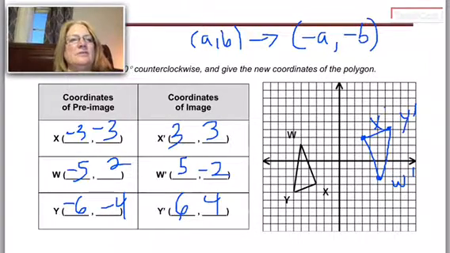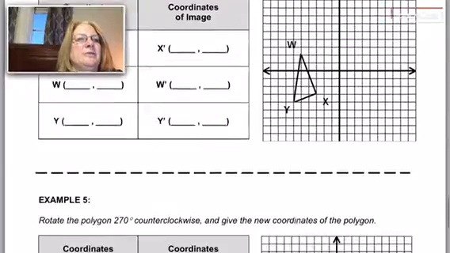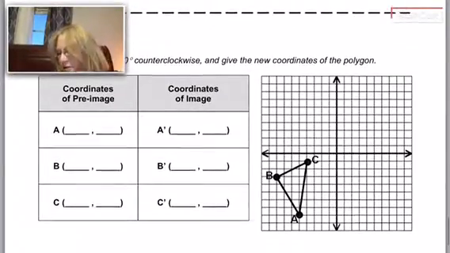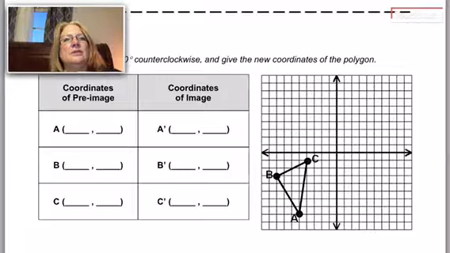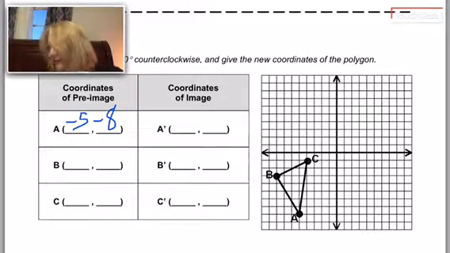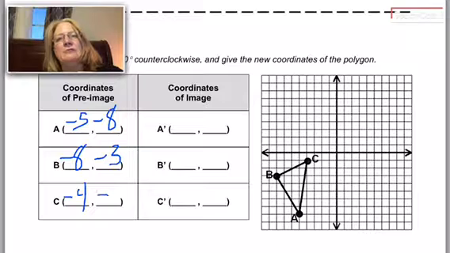So the last one, we'll do a 270 degree rotation. And so we have (-5, -8), (-8, -3), and (-4, -1).